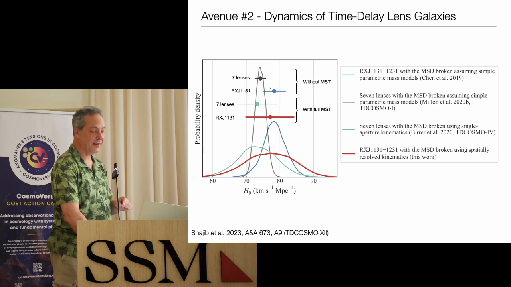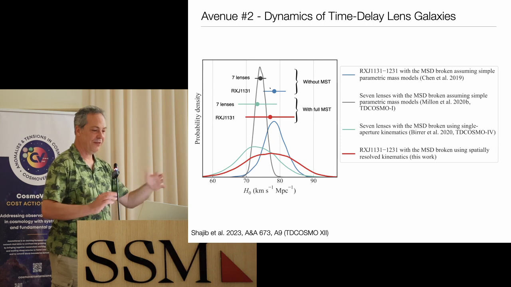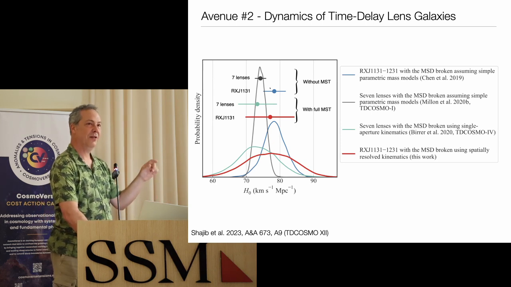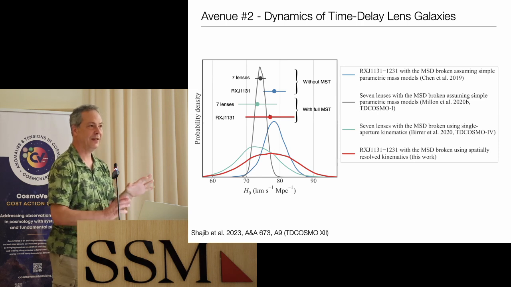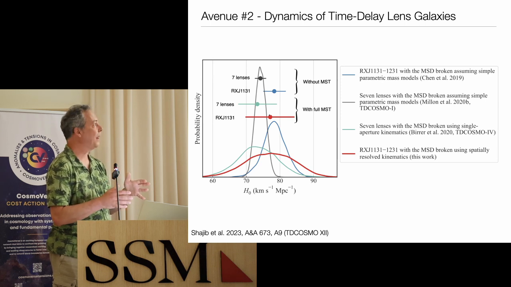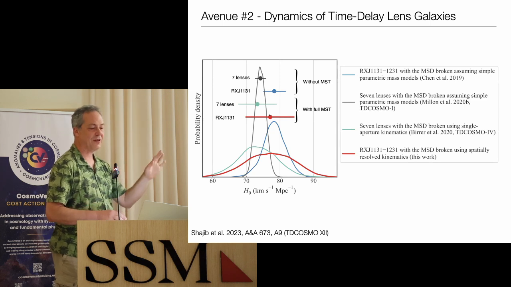Now you use that same lens, the model that has the whole range of possible degeneracies, and the KCWI spatially resolved kinematics, that's what you get. So the expectation is that once we have James Webb NIRSpec spectroscopy, the accuracy and precision should be around 4% per lens. So to me, that's the key thing.